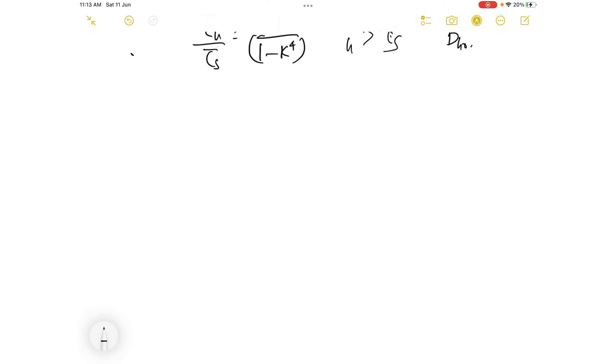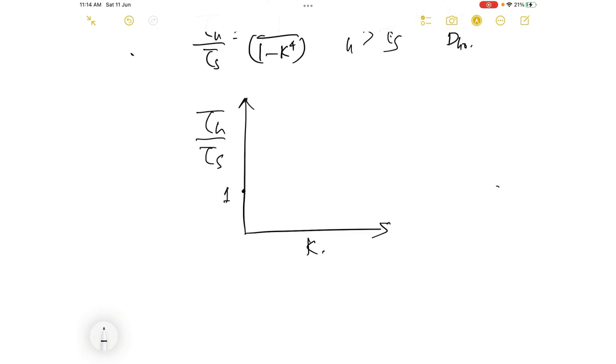So let's draw the variation of this tau_h by tau_s with respect to k. Okay, so in case of k equals 0, the two shafts would be identical and the stresses would be the same. So this ratio is going to become equal to 1.